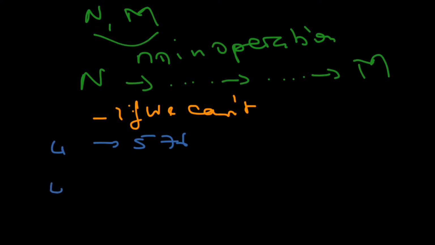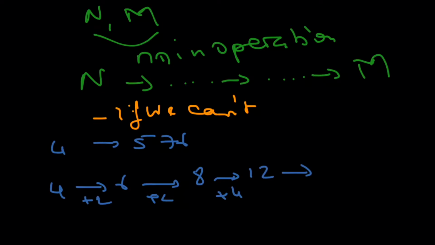From 4 we can go to 6 by adding 2, we can go to 8 by adding 2, which divides 6, we can go to 12 by adding 4, and we can go to 18 by adding 6, which divides 12, and we can keep going and go to 27 by adding 9, which divides 18, and we can just keep going until we reach 576.